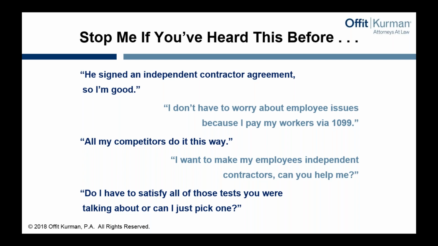So the reason there are different tests, though, is because there are different laws. The independent contractor employee distinction not only affects the wage payment laws, so the FLSA and the Maryland Wage and Hour Law and the Maryland Wage Payment and Collection Law, but it also affects other things like unemployment. If someone's an independent contractor, you're not paying an unemployment premium.